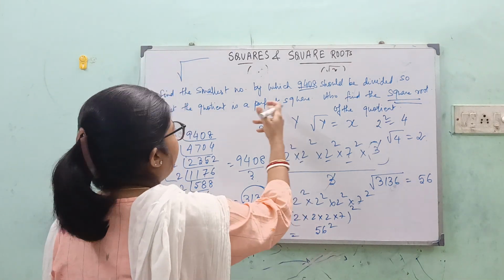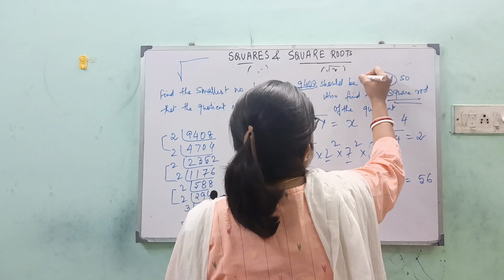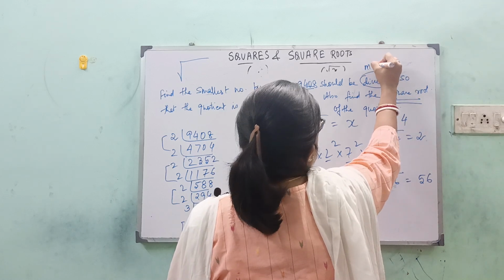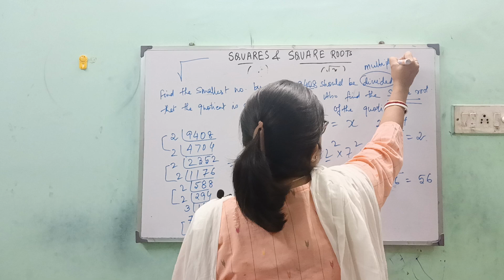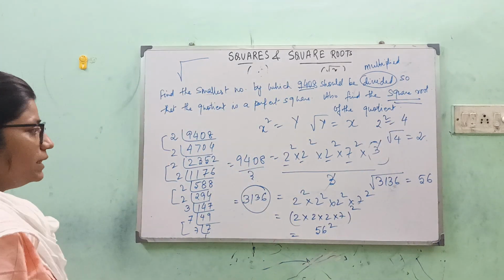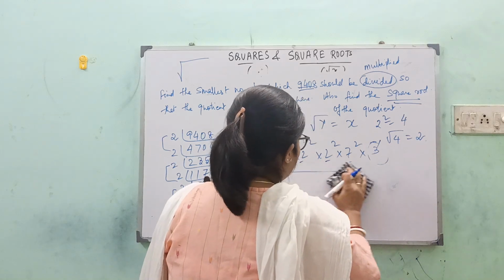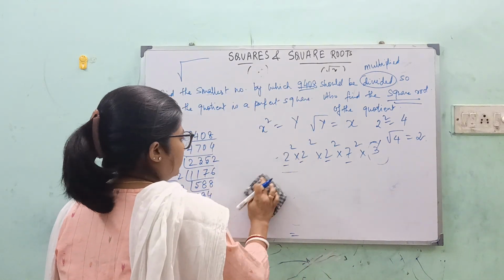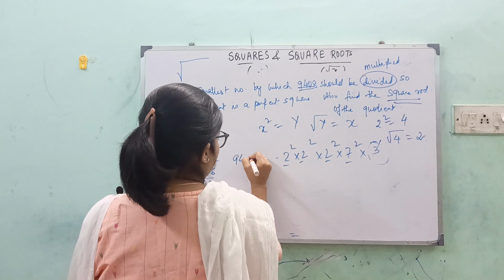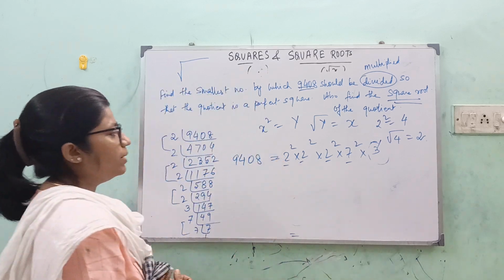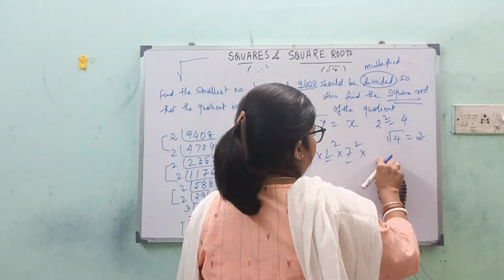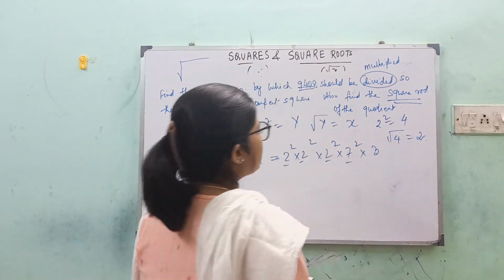Now if the question had changed from being divided to multiplied, what would have been the change in this question? The change would have been here, where 3 was unpaired.